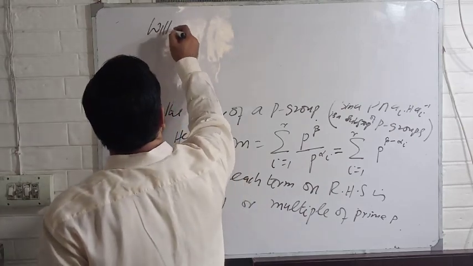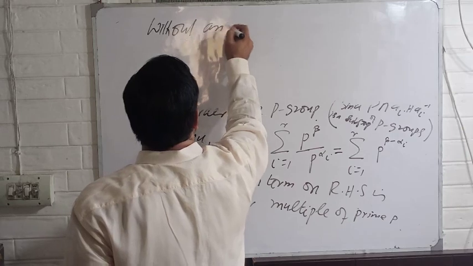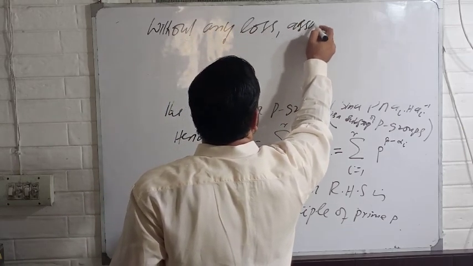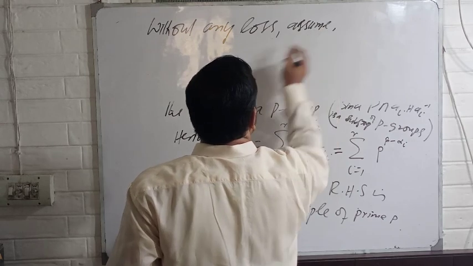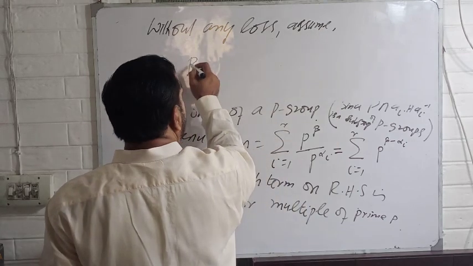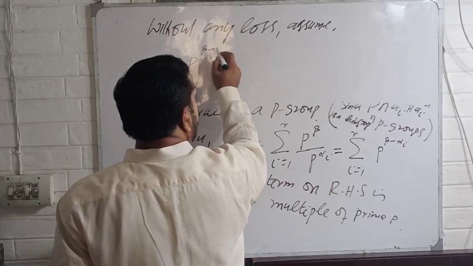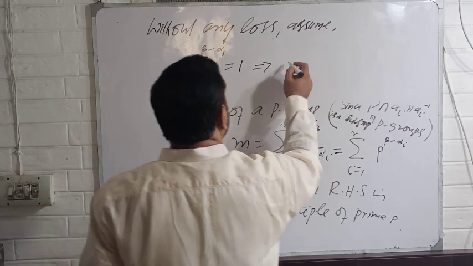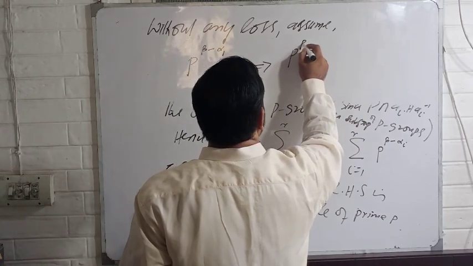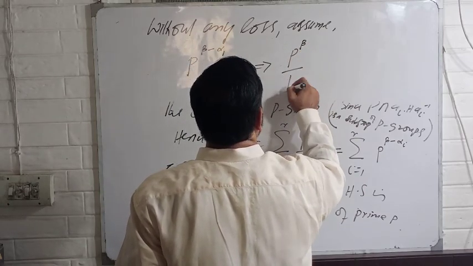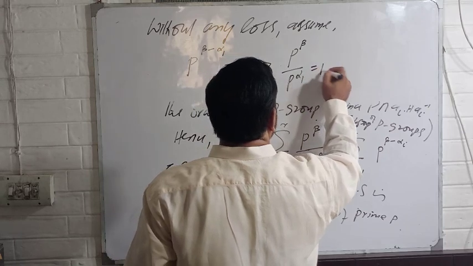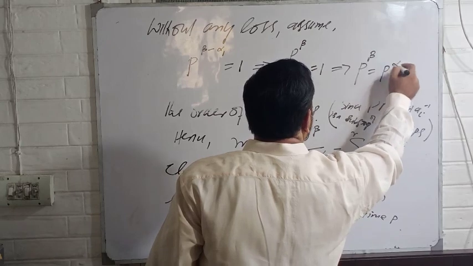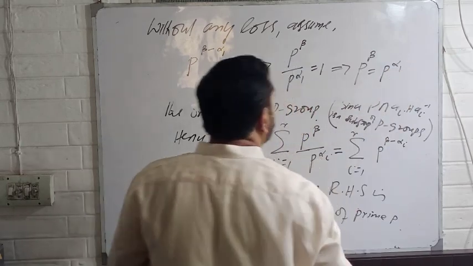Without any loss, assume P power beta minus alpha 1 is equal to 1. So this implies P power beta over P power alpha 1 is equal to 1, so P power beta would be equal to P power alpha 1.